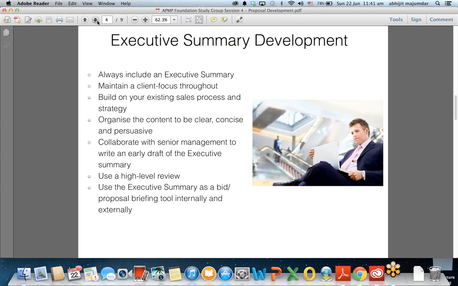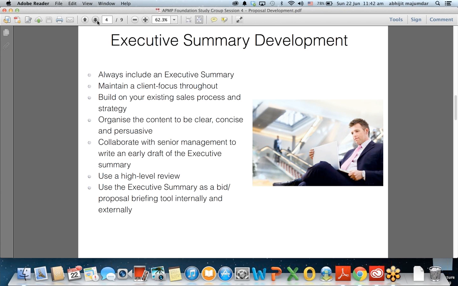I generally, if it was a critical bid, go out and meet the CEO or the CFO and ask them, what would you like to communicate from your side to this person who is going to read the executive summary and think about us? And they really give very important and very strategic inputs to the executive summary.